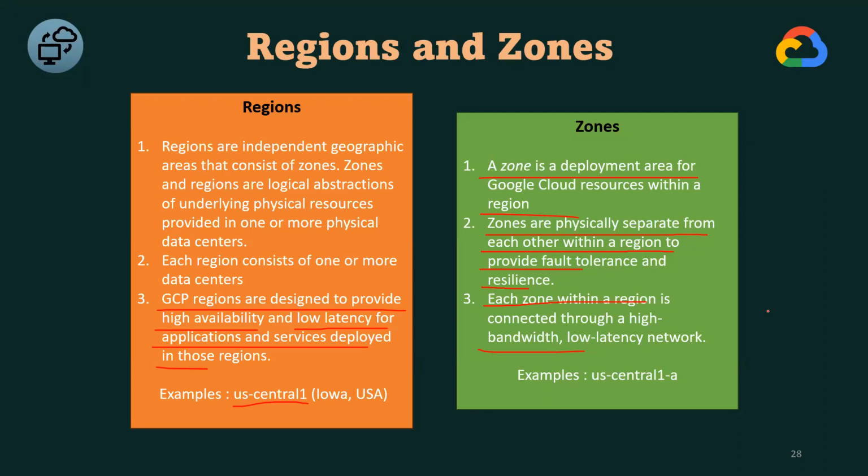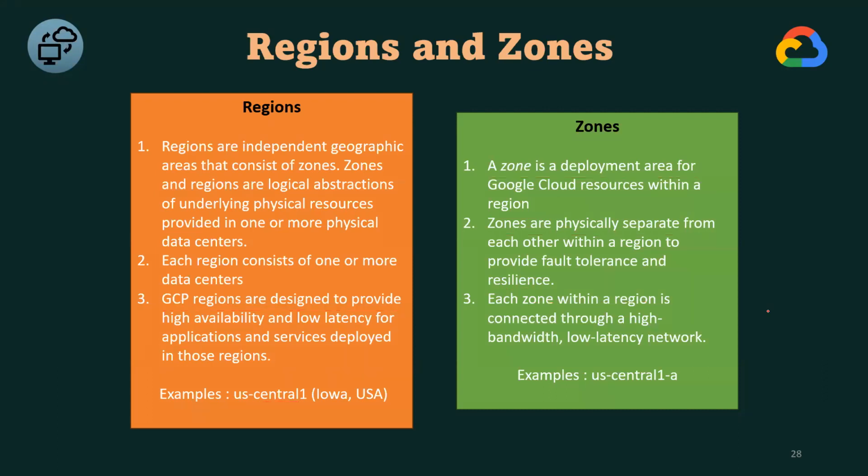Whenever you want to deploy your application in multiple zones, you can go for this. That helps with fault tolerance. Zones are physically separate from each other within a region to provide fault tolerance and resilience.